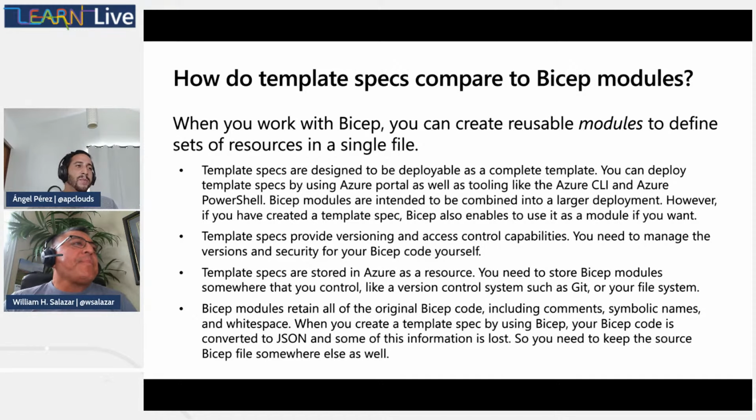How would you explain Bicep modules in your own words, William? So to me, a Bicep module you could probably best describe as a reusable snippet of code that you can reuse throughout your entire set of Bicep files, rather than having the exact same lines of code appear in different Bicep files.